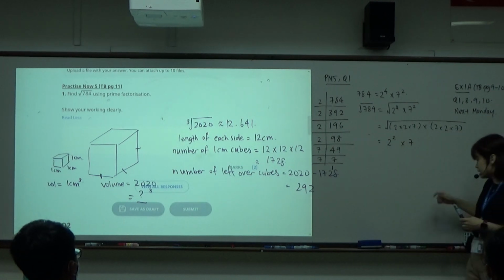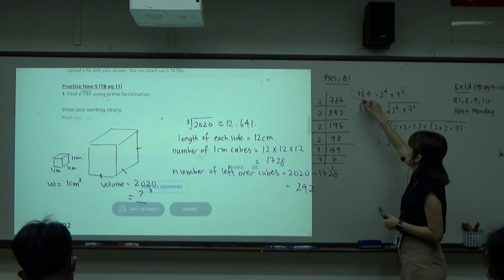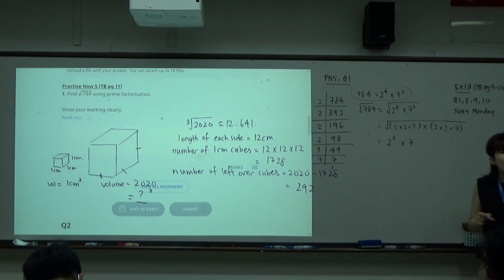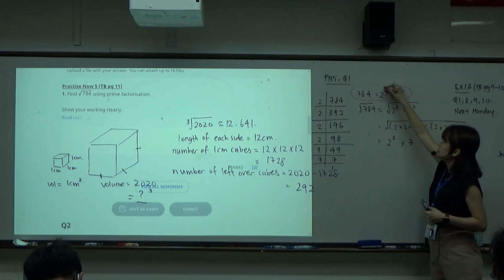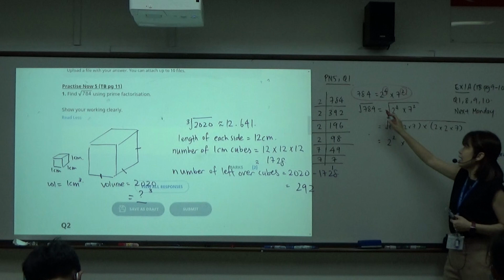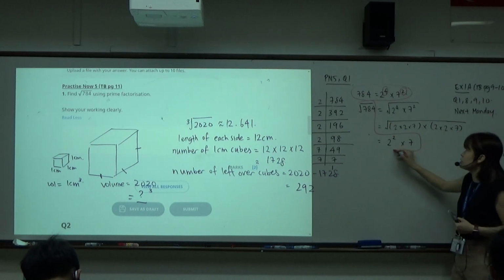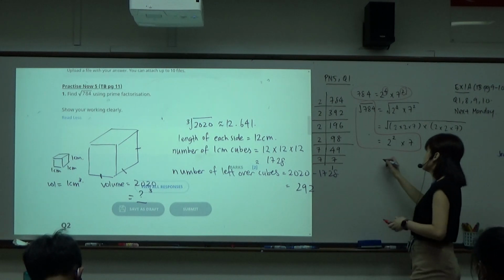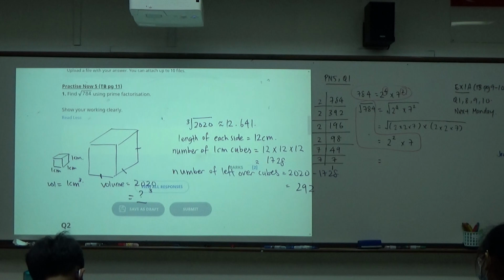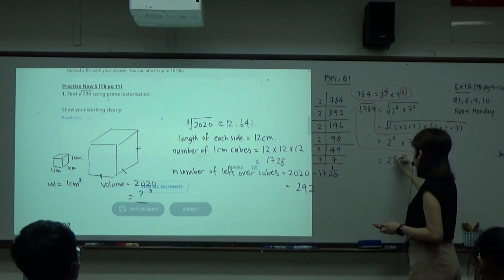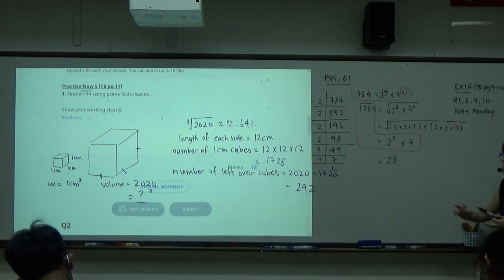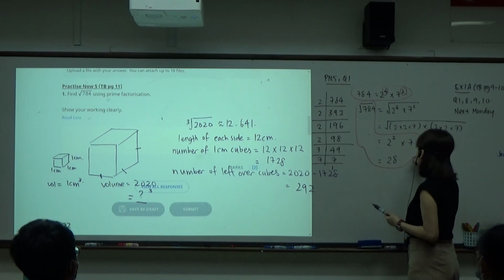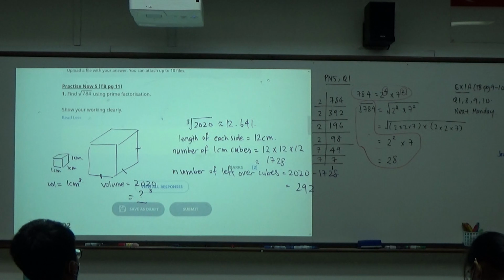So if you're quick enough to know this step already, and you know that taking square root means to divide the powers by 2, you can immediately skip these two lines and tell me that the square root of 784 equals 2 squared times 7, which is then going to give me the answer 28. Okay, so that will be the answer. Alright, questions?